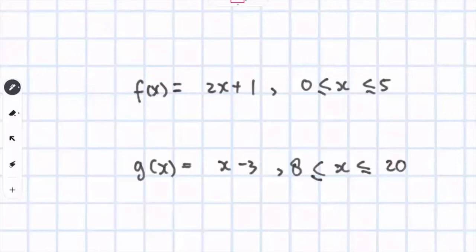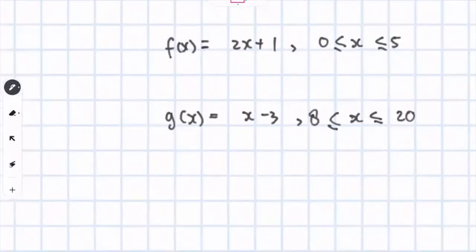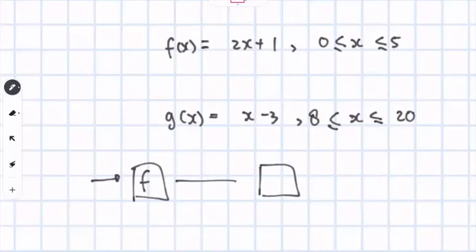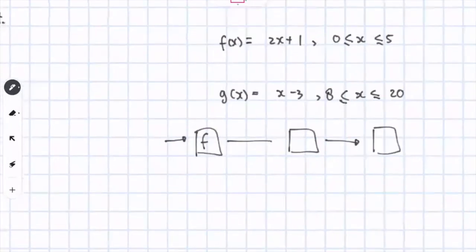That means you have a machine called F. This machine is paired together with G. If I call it GFX, who is in front?